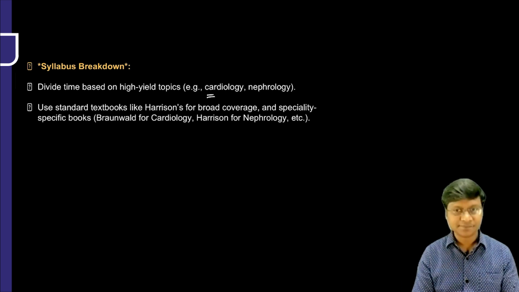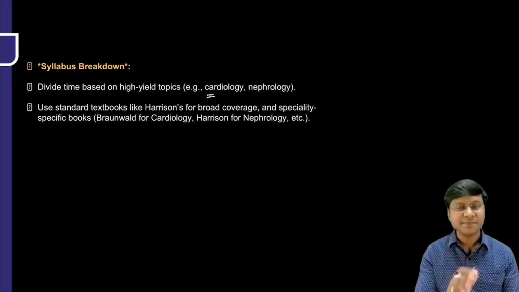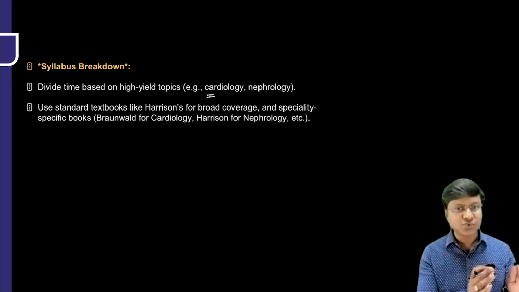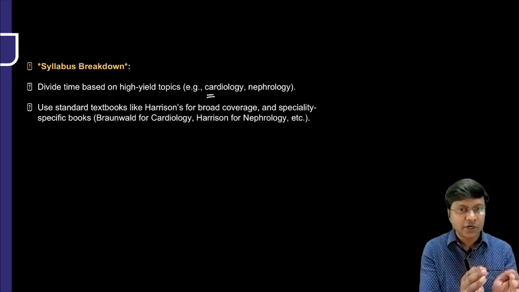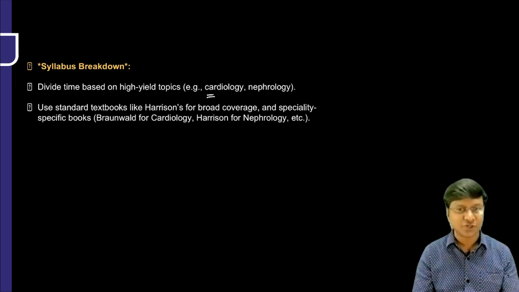Then subsequently divide it for nephrology, neurology, gastroenterology, endocrinology, rheumatology, hematology and oncology. Whichever are high scoring, you divide the time accordingly, with major weightage for cardiology and the remaining for the other topics.